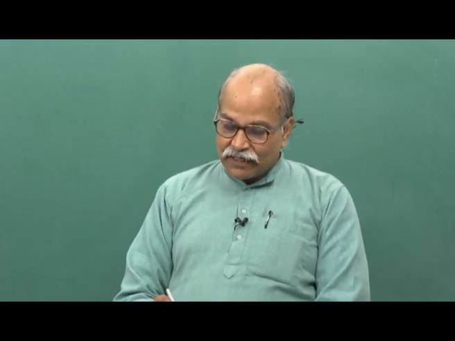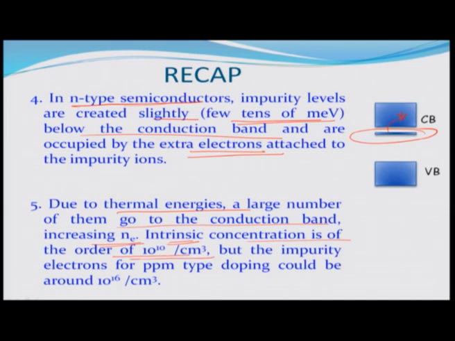At room temperature it is of the order of 10 to the power 10 per centimeter cube, but if you do a ppm type doping, parts per million type doping, then this concentration could be around 10 power 16 per centimeter cube, and that is how you increase the conductivity.